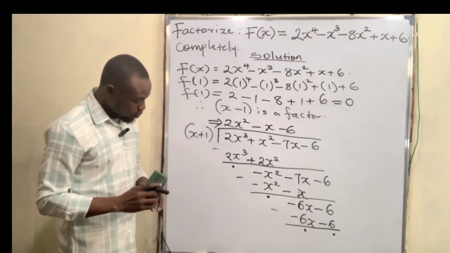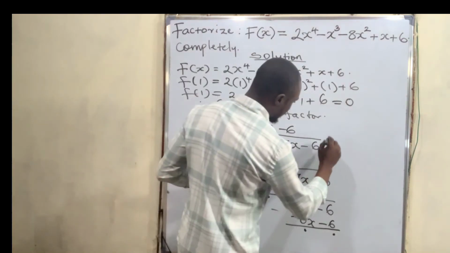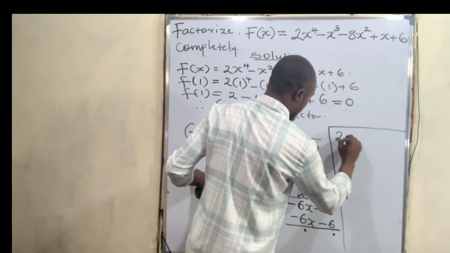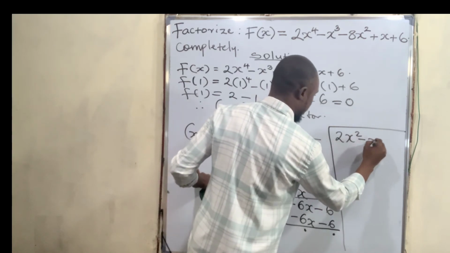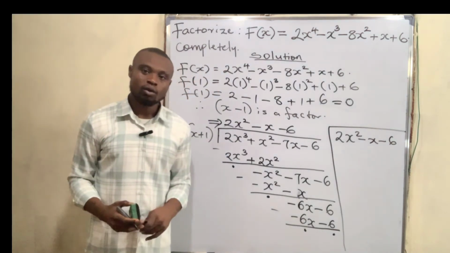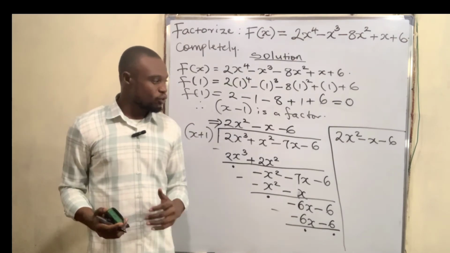So finally, we just do a normal factorization. I am going to do the factorization here. We have 2x squared minus x minus 6. If you multiply the first term by the last term, you get what?